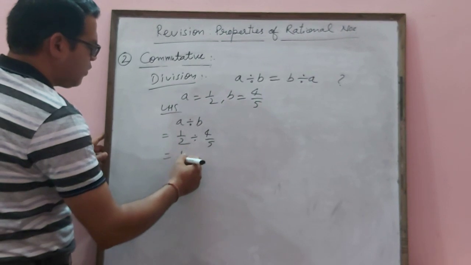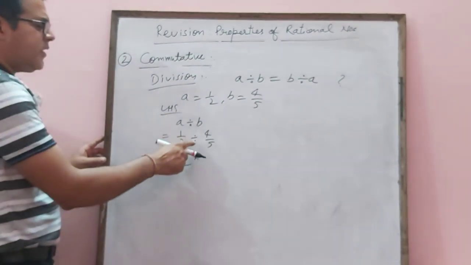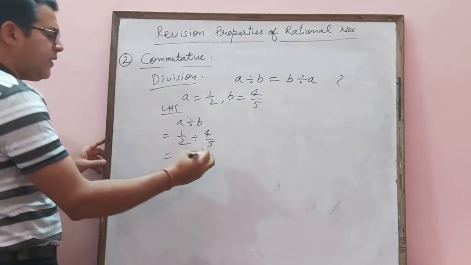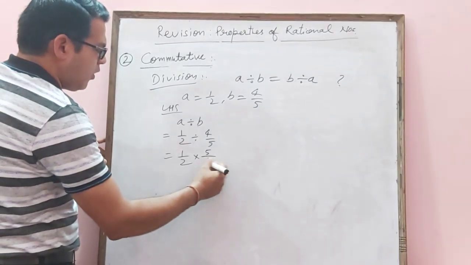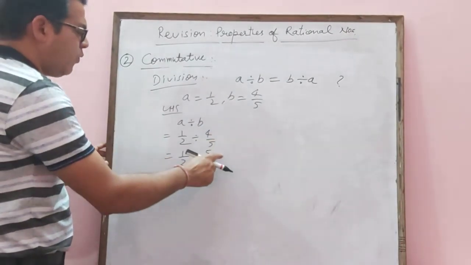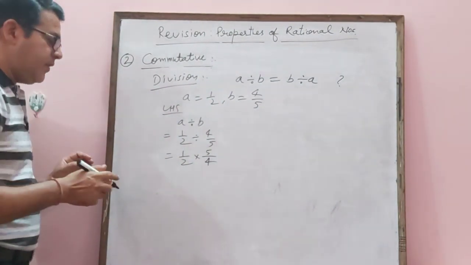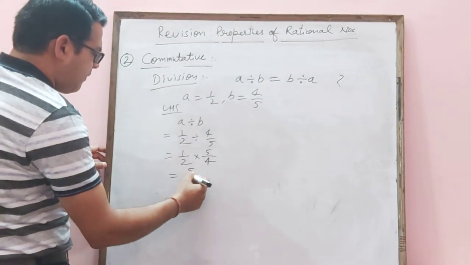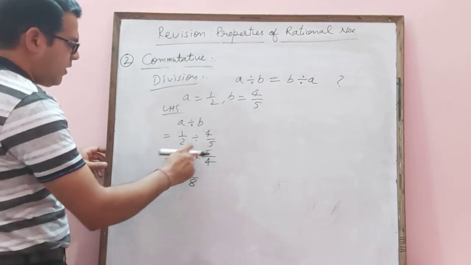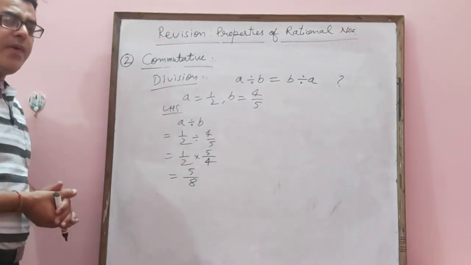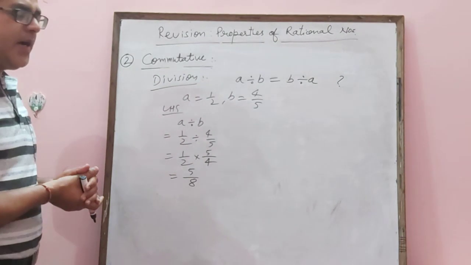How can we solve it? We can change this division into multiplication by taking the reciprocal of the divisor. This is the divisor, so we write 5 by 4 instead of 4 by 5. So it is 5 by 8. 5 ones are 5, 2 4s are 8. So the left side value is 5 by 8.